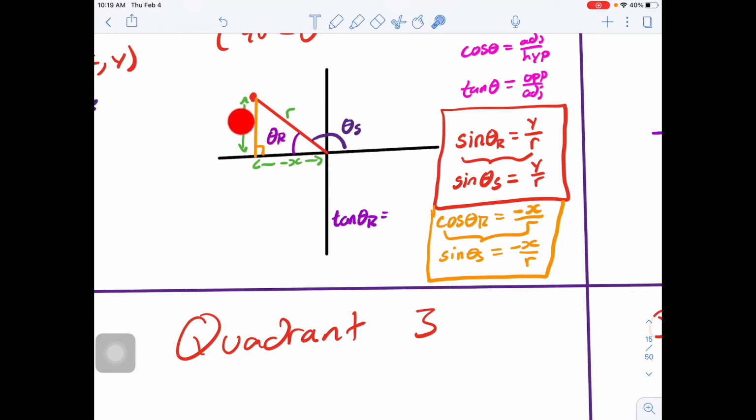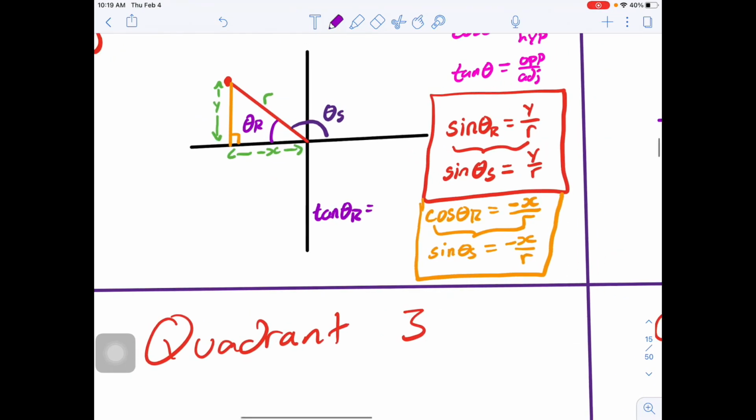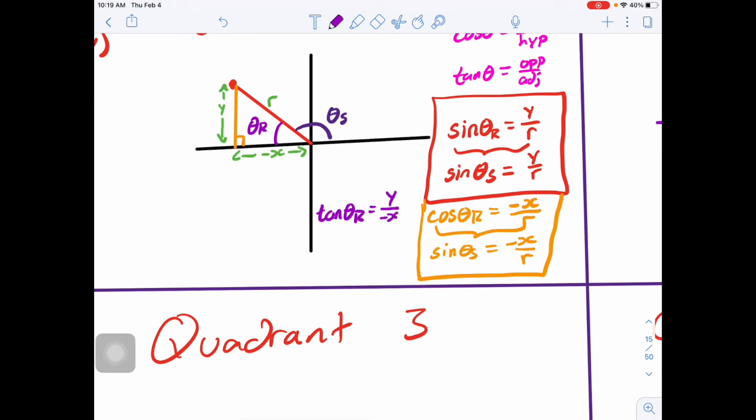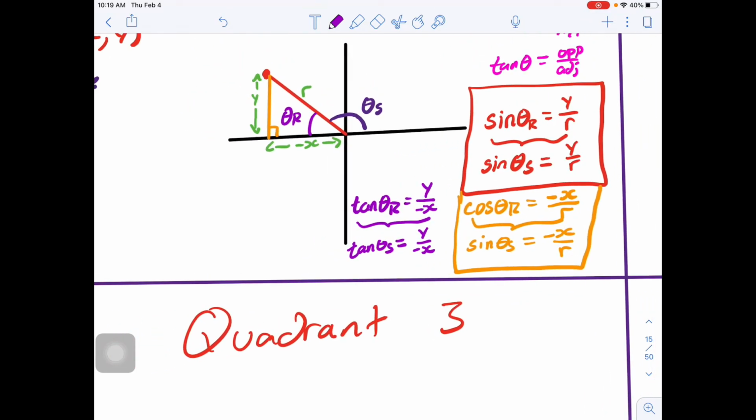The opposite side length is y, adjacent side length is negative x. So we get y over negative x. And again, we're using our reference angle to actually find the standard angle ratio, which would be y over negative x. So what do we notice here?